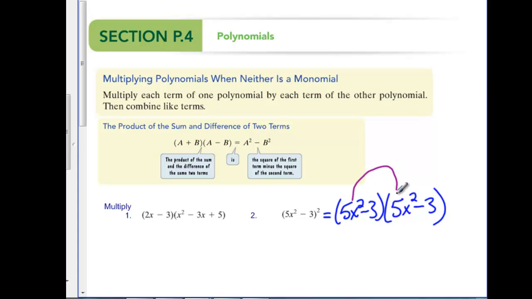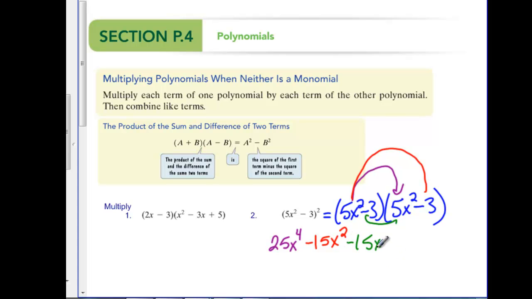So 5x squared times 5x squared gives us what? To the fourth, yep. And then let's do the 5x squared times a negative 3. Negative 15x squared. Okay, now let's switch. The negative 3 times 5x squared.